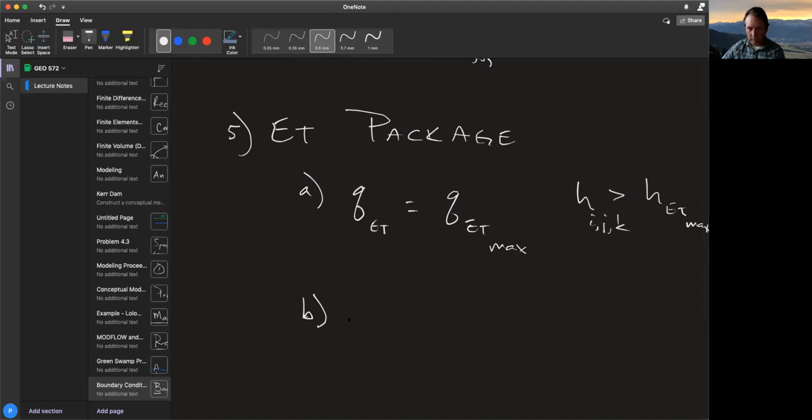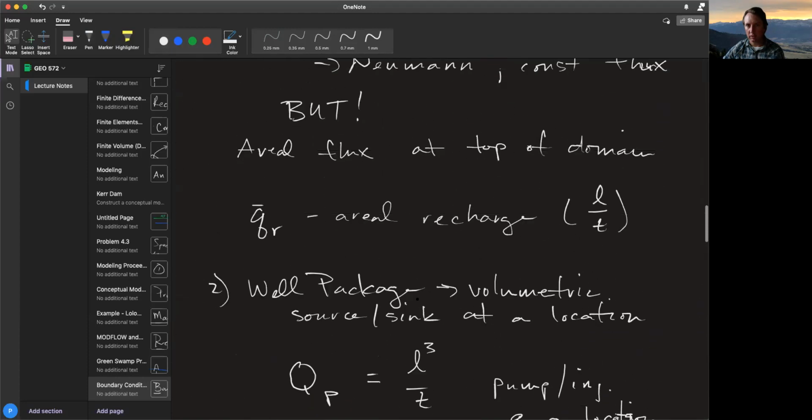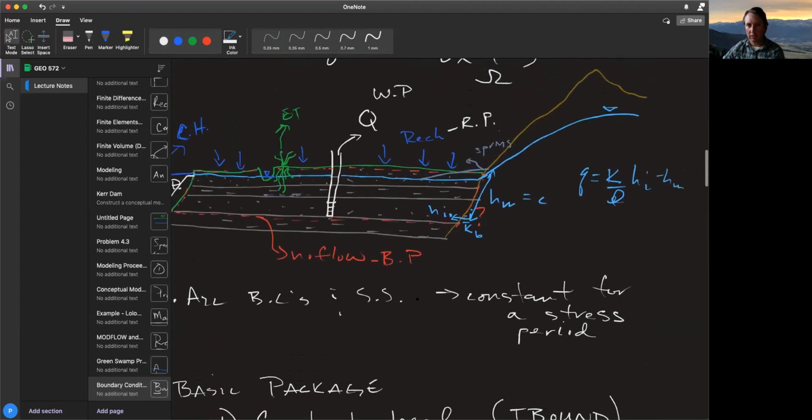Then we say the ET discharge linearly varies between the ET max and 0 in this area where the head is between the maximum ET rate and this lower rate.